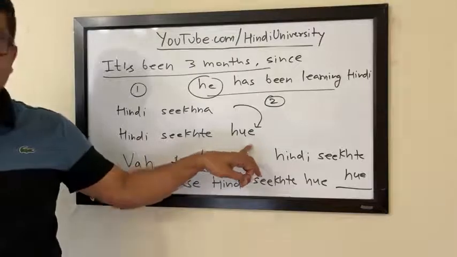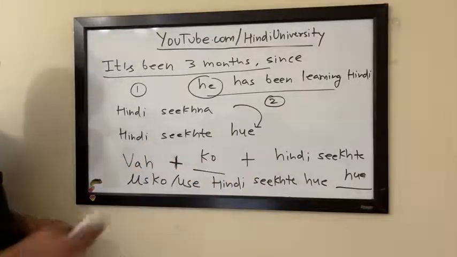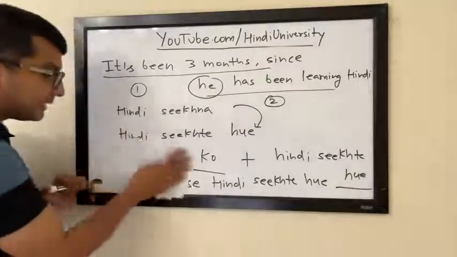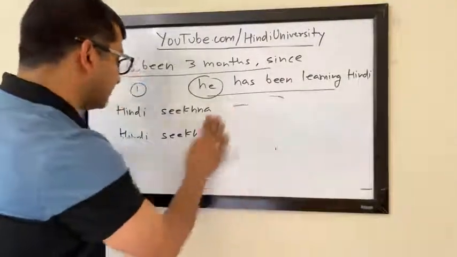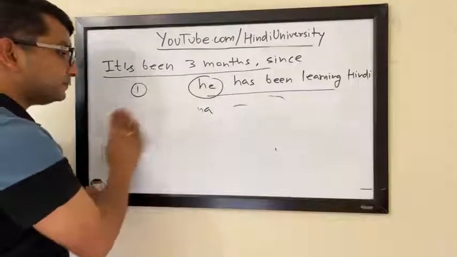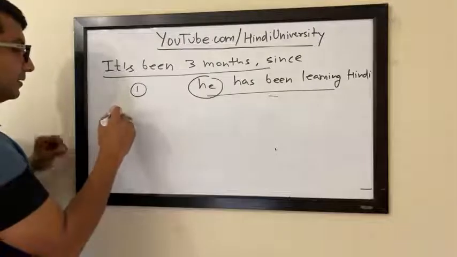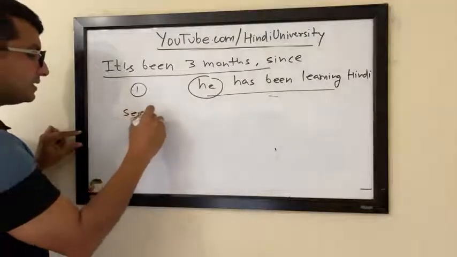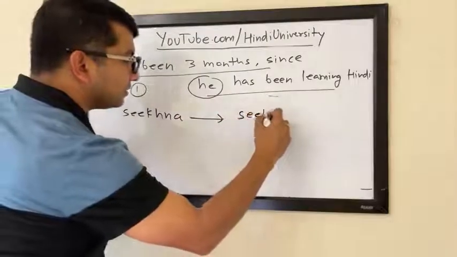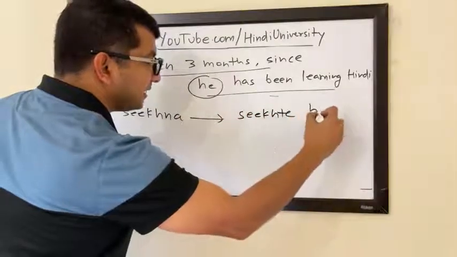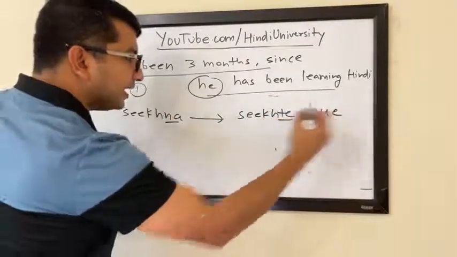If you're finding the internal details hard, just go by the pattern. If the verb is सीखना, it changes into सीखते हुए. Remove the na and put the te and put हुए.